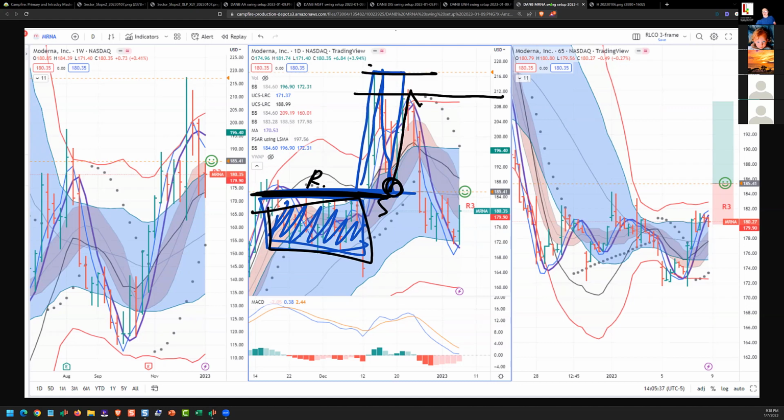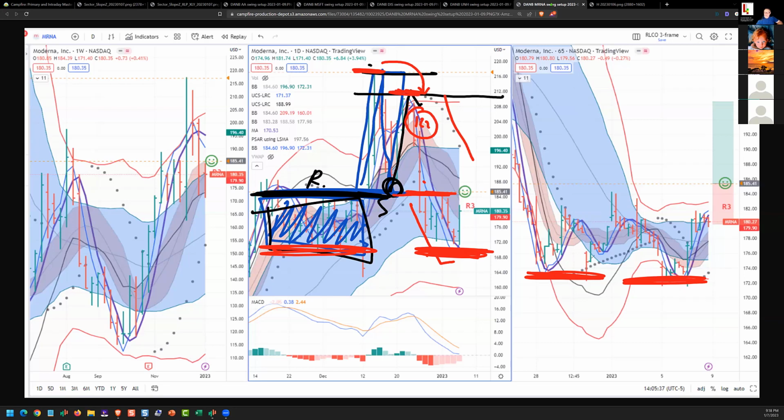Now, the problem there is that it ran out of steam a little bit lower, which means that's your catalyst to the downside. And then that came down and tested support, and it failed to the bottom of the previous trading range, where it held twice, and then actually 3 times if we count that.